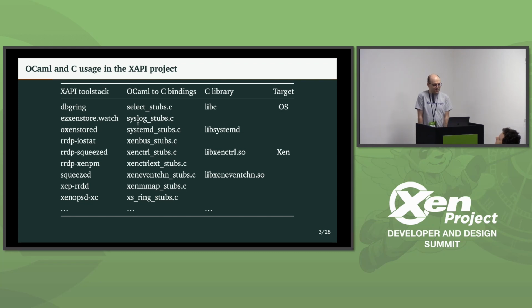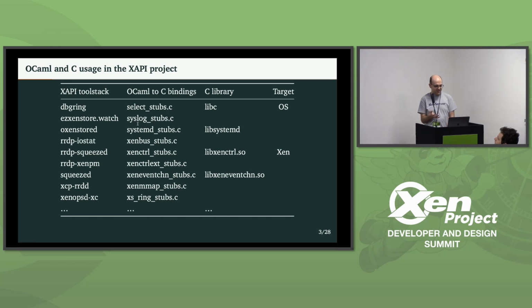So we have components like XenOps-D, which coordinate building a domain, everything that has to do with the lifecycle of the domain itself. A few helper tools that look at statistics, so those are all the RRD tools. We also have OXenStore-D, which is the XenStore server implementation, which is technically part of Xen, but it's written in OCaml, and a few other libraries.